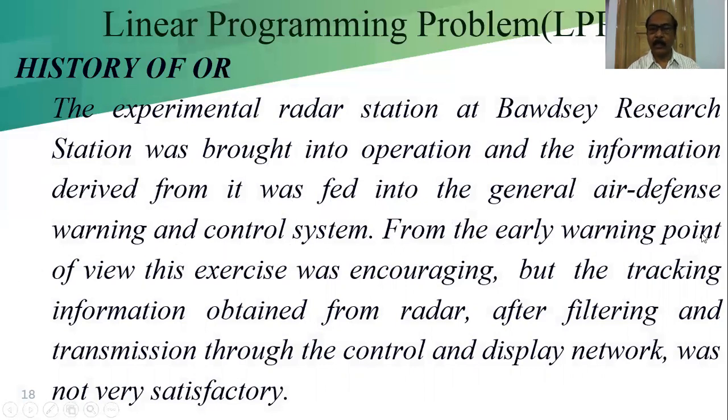From the early warning point of view, this exercise was encouraging, but the tracking information obtained from radar, after filtering and transmission through the control and display network, was not very satisfactory. So they tried to develop it.